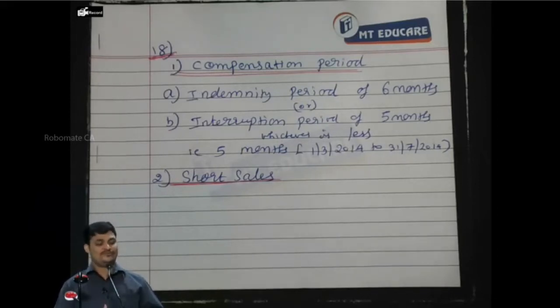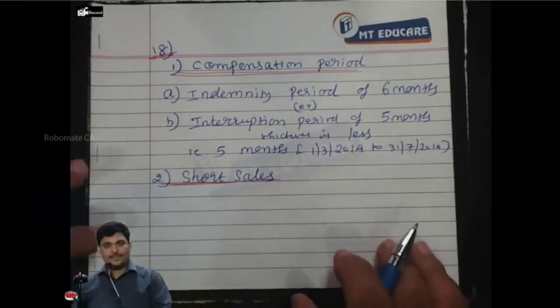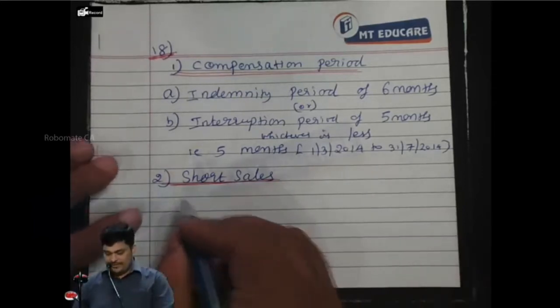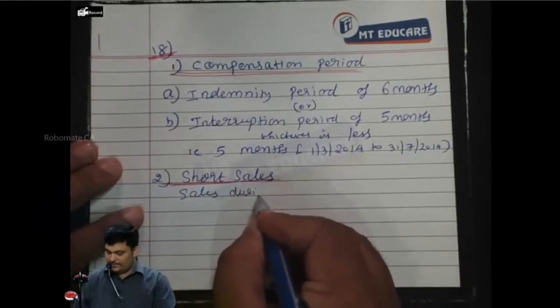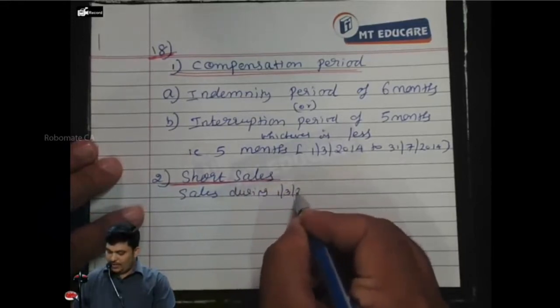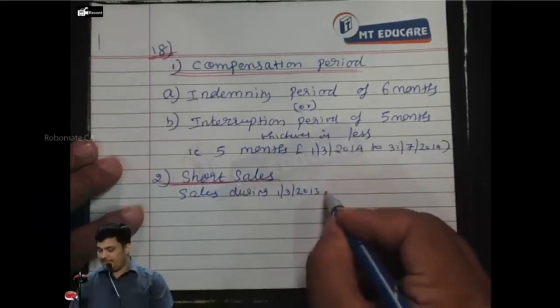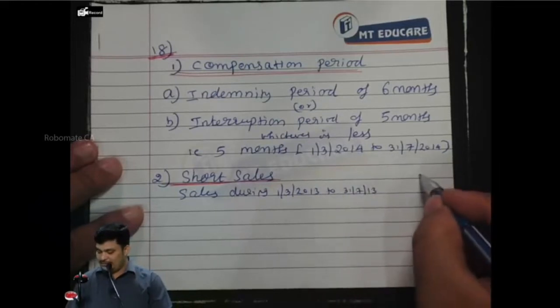$38,462. 420, yeah, 420 answer, okay. So short sales. Sales during the corresponding compensation period, right? Sales for the period 1/3/2013, this is the compensation period exactly the previous year, to 31/7/2013.